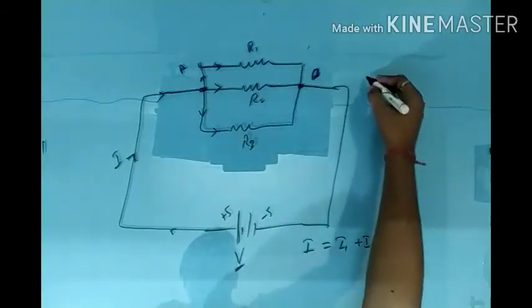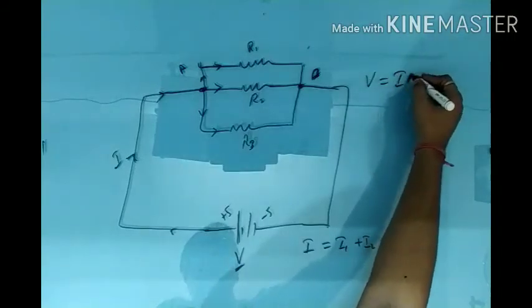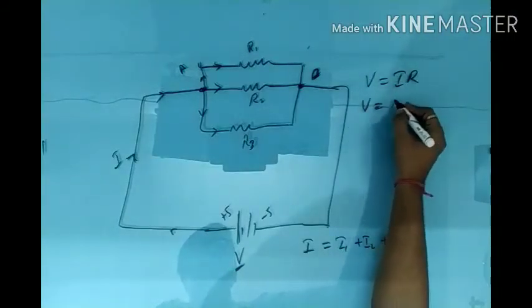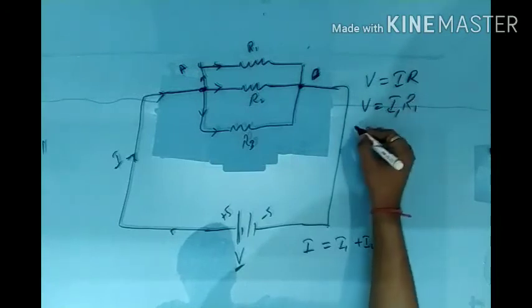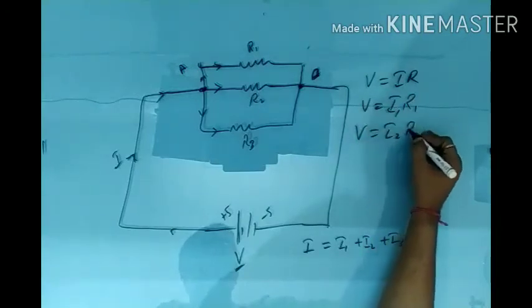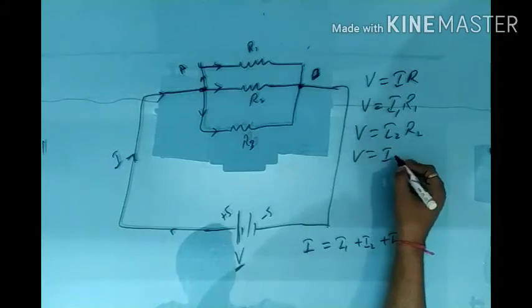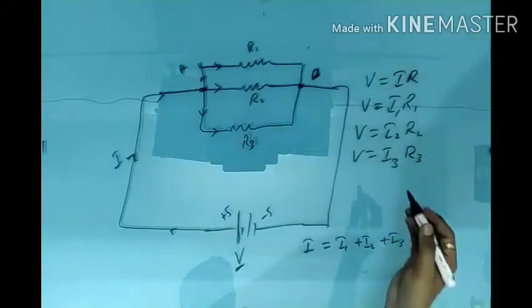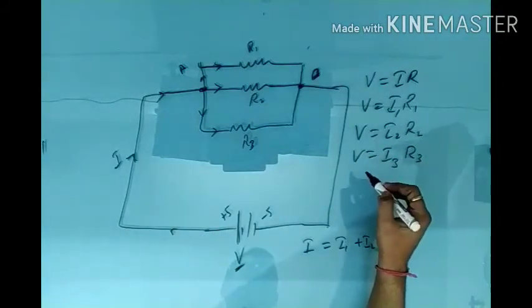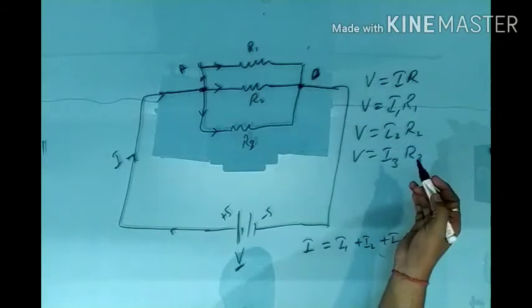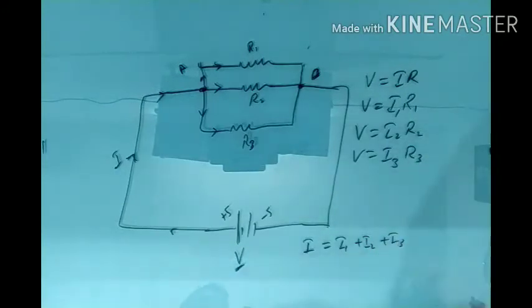So according to Ohm's law, V is equal to IR. It means V is equal to I1 R1, V is equal to I2 R2, V is equal to I3 R3, because potential is the same for all the resistors. Now we have to find the values of I1, I2 and I3.